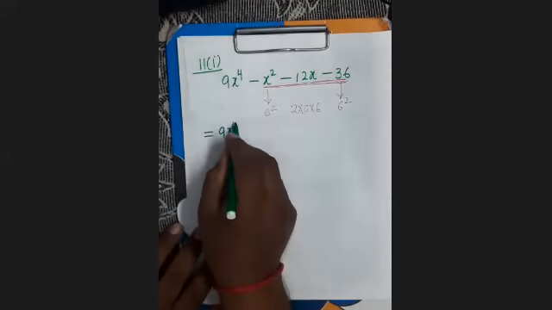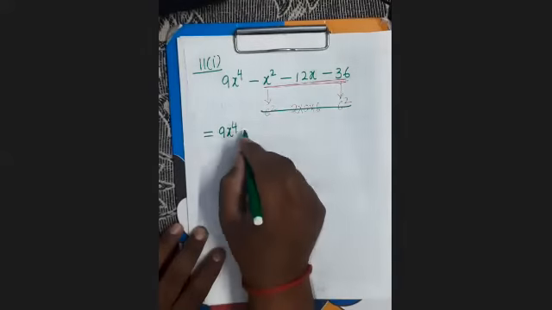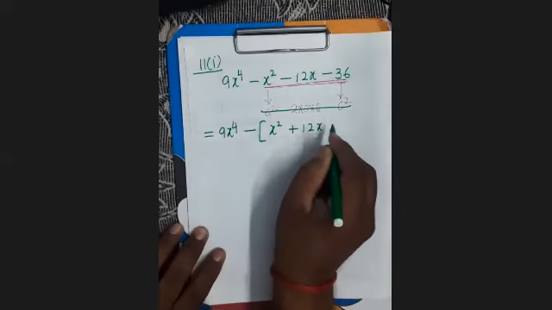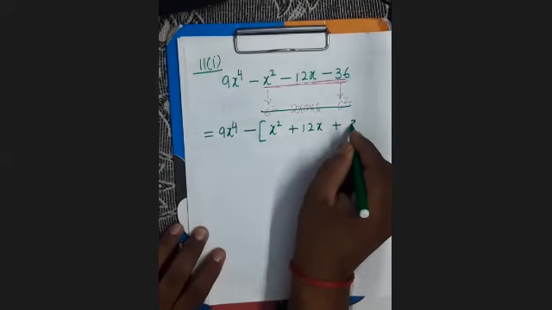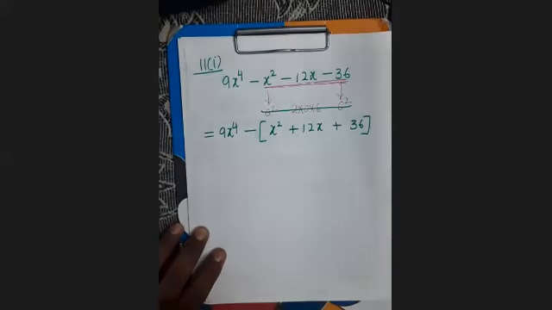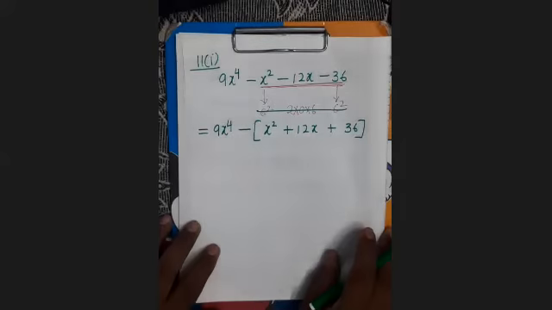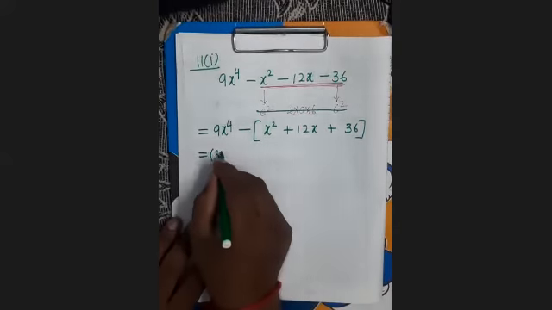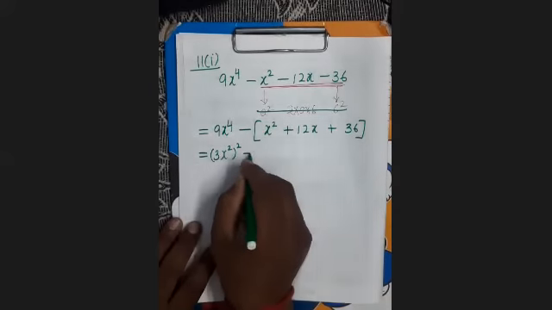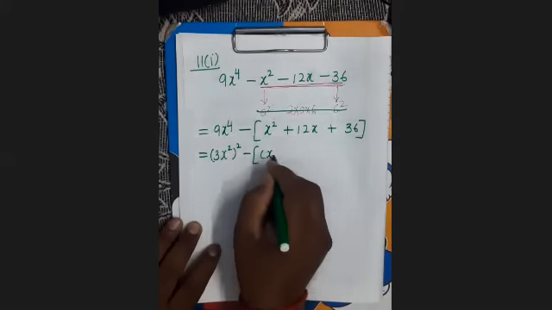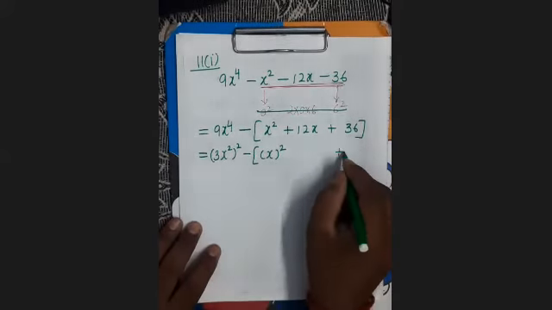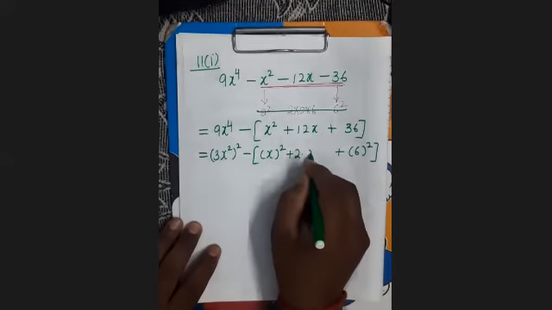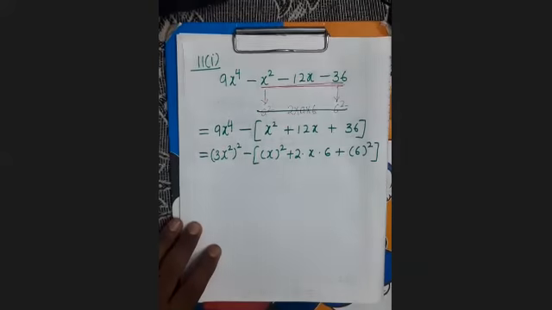9x to the power 4, you take out minus sign common: x square plus 12x plus 36. Now you rewrite these terms, rearrange. So this can be written as 3x square का whole square, this is x ka whole square, 6 ka whole square, and this is 2 into x into 6.